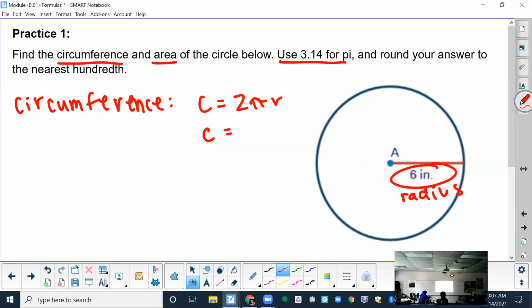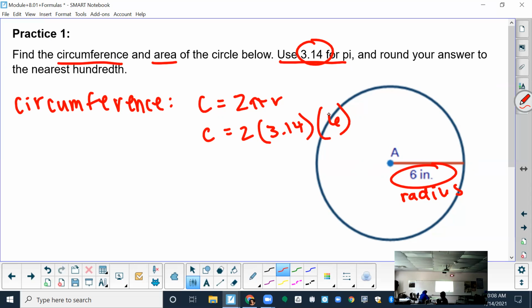So we have c equals 2 pi. They said use 3.14 for pi, so I'm just going to replace it with 3.14 times your radius, which is 6. Notice that anytime I'm plugging in a number for a variable, I put it in parentheses. That's just to show you that what we're doing is multiplying it.